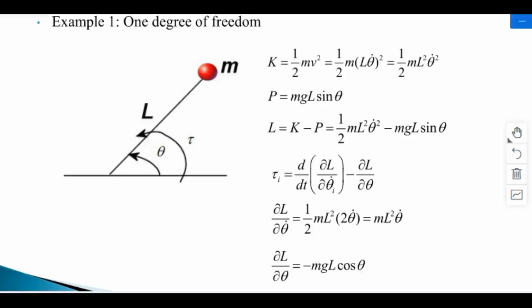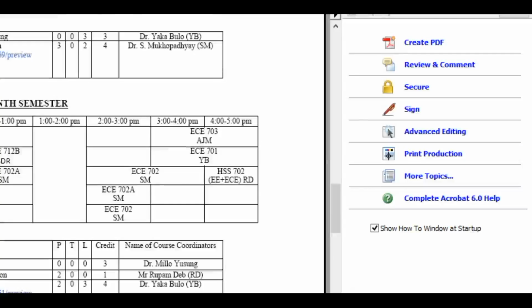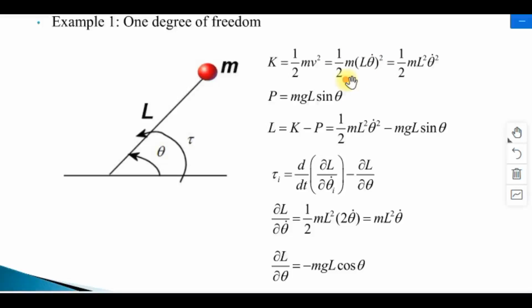Why is v equals L theta dot, whole square? I want to say that it is d theta by dt.